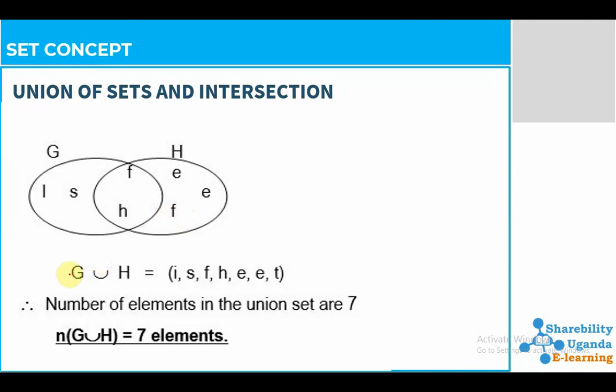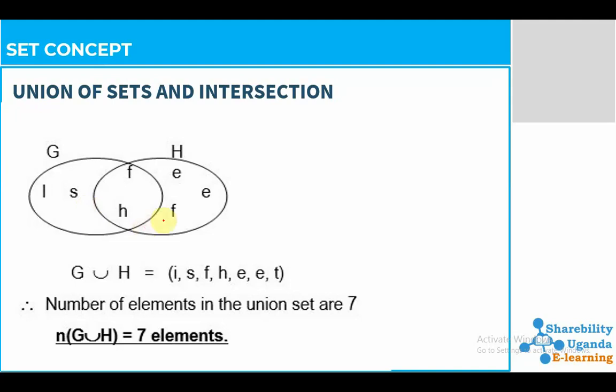Okay, then they are saying G union H. Okay, so here we are trying to present the union of sets when you are given a Venn diagram, and they ask you to write what is the union of G and H.